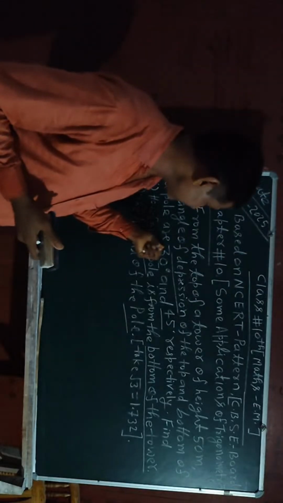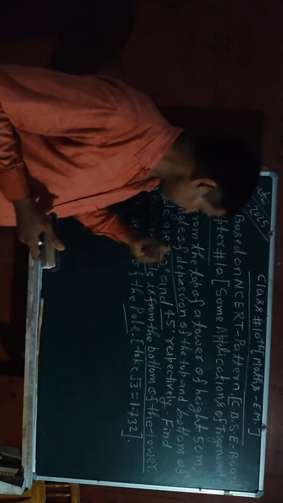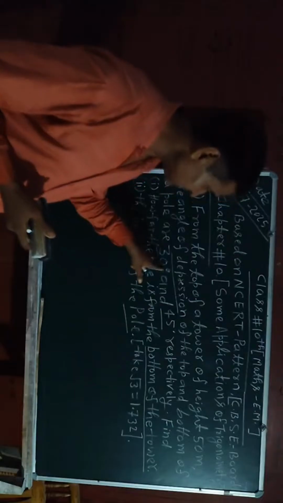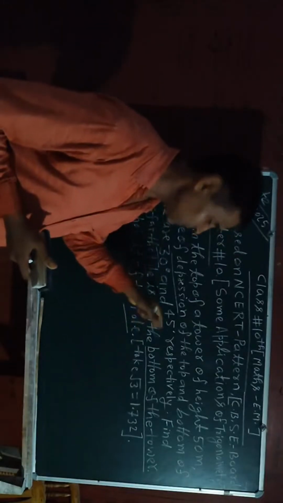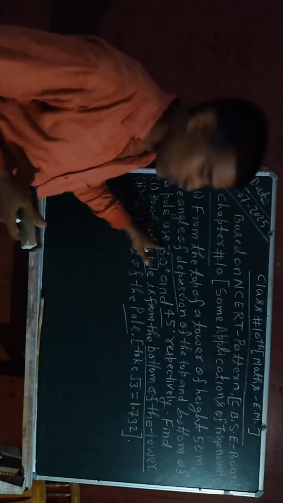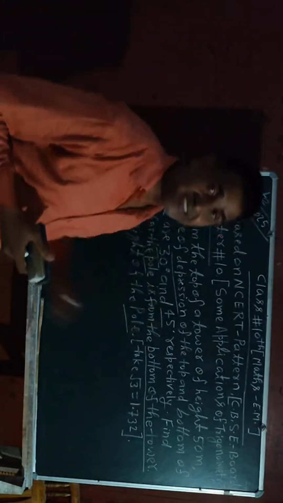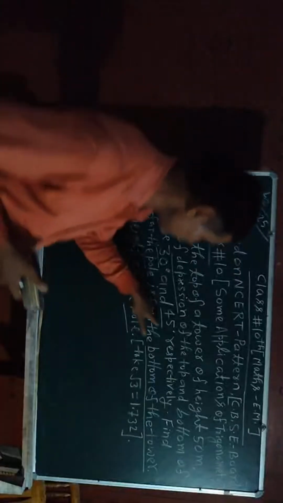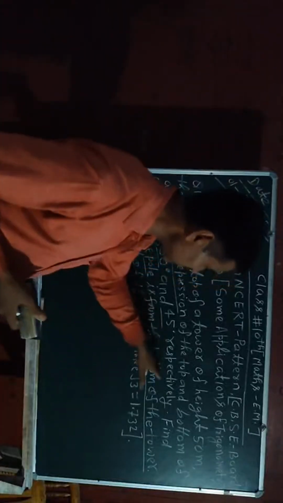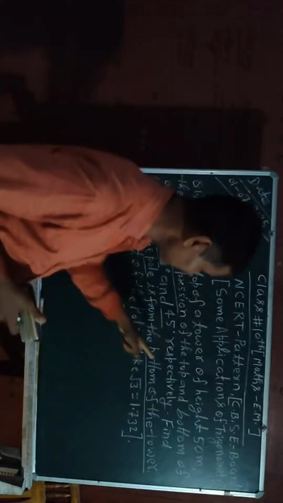So the angle of depression given here is 30 degree and the other angle of depression is 45 degree. This 30 degree is for the top of the pole and this 45 degree is for the bottom of the pole, respectively.